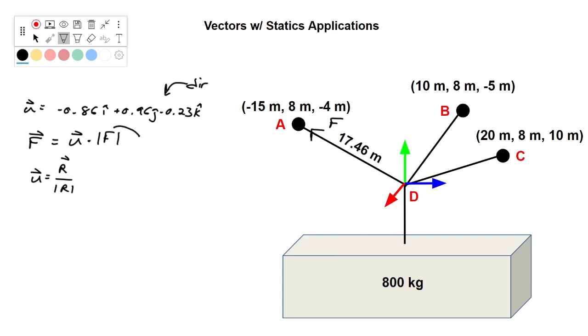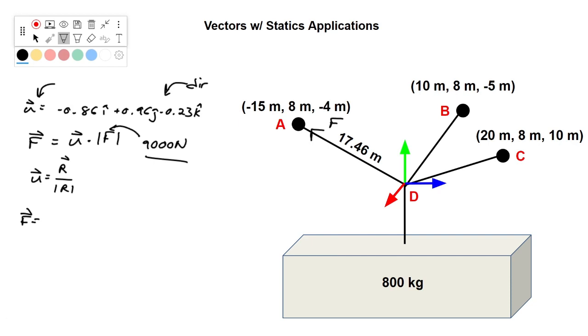In this case, the magnitude is really the magnitude of the force, which we know from the problem, it was written in the problem statement, is 9,000 newtons, right? That's what they said the force magnitude was in AD. So if we want to solve for the full force vector, we would multiply u by 9,000. And we're going to do it again, just like we did before, one term at a time.